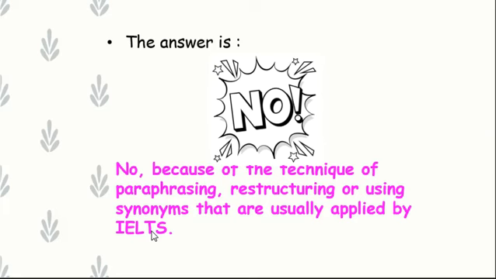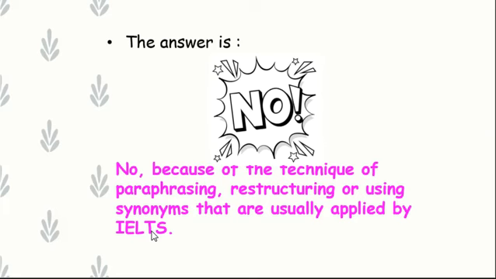Technique of paraphrasing: they paraphrase the question, so they write it in other words which have the same meaning, or they restructure it, so they change the structure of the sentence, or they use synonyms, words with the same meaning but different.